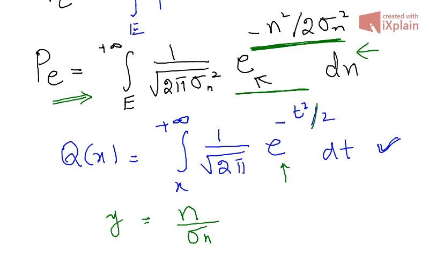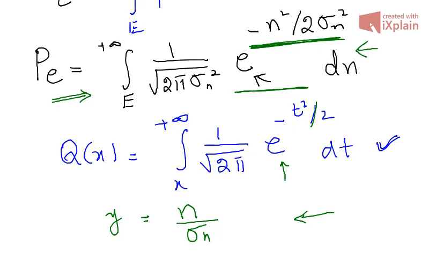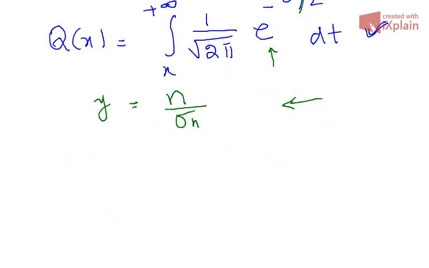Because n square over sigma n square would become y square. So it would be the square of the variable over 2. So this change of variable would work. Let me choose y as n over sigma n.